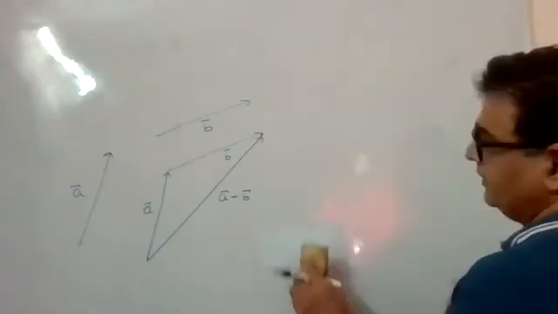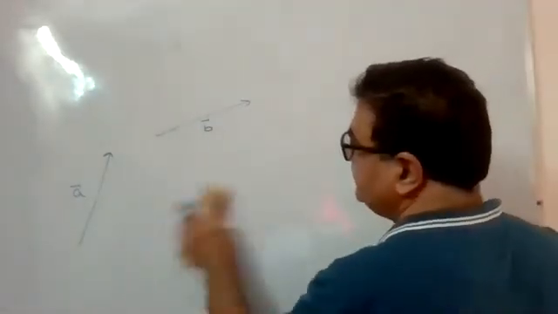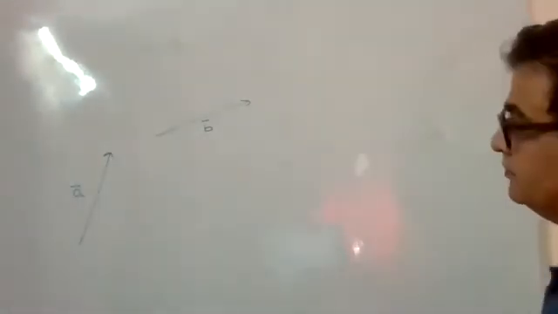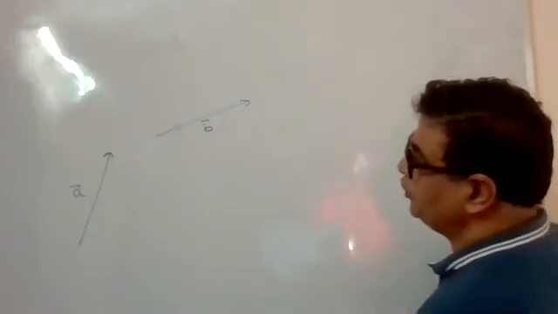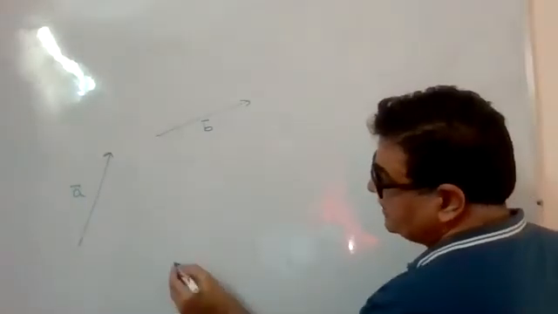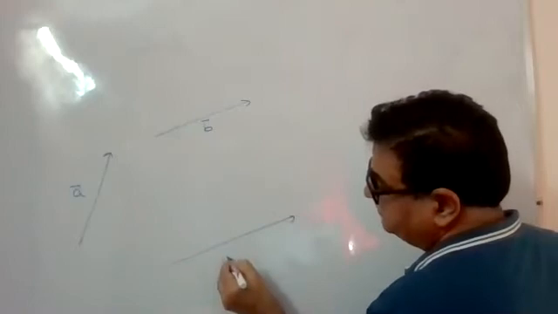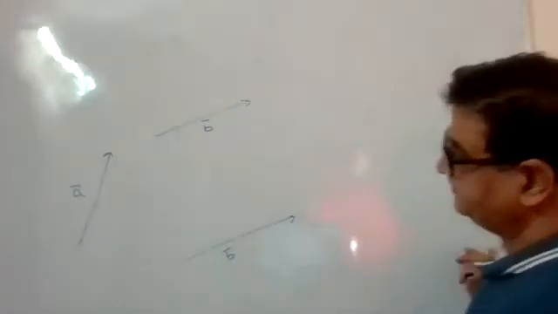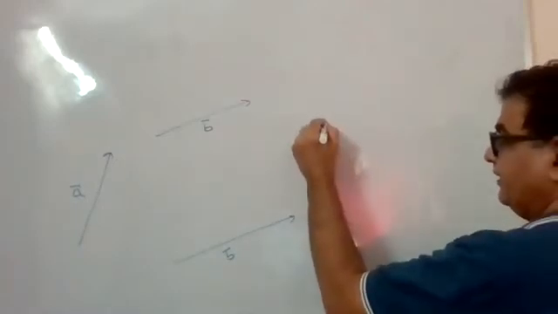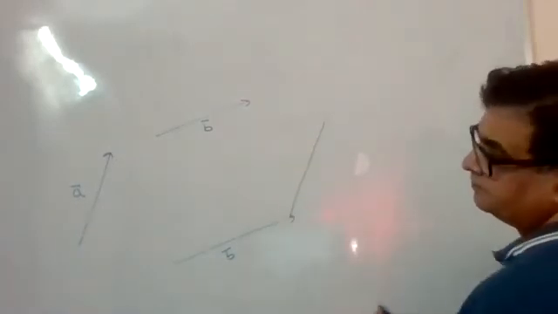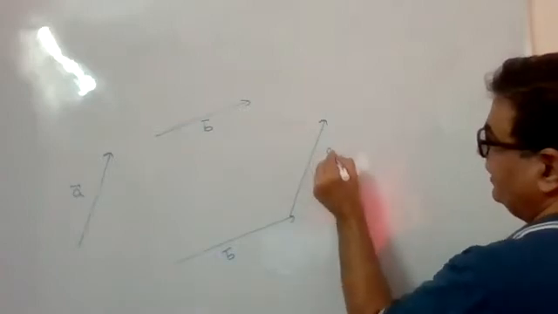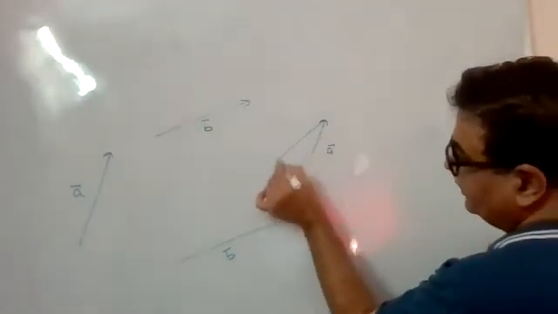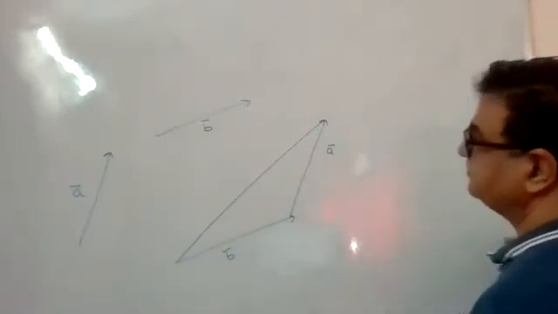One more example I'll tell you. Now if I say you take B plus A, in the same question, what am I going to do here? I will first make the B vector. Then from its head we will take A. This is vector A. Then we will join this with this line.